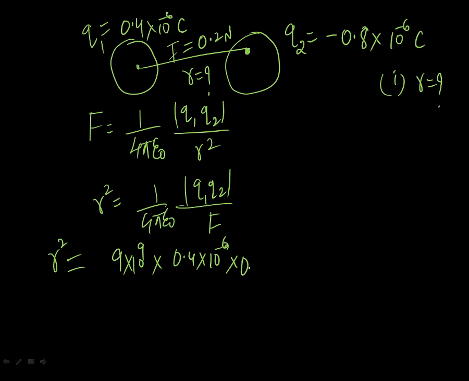So Q2 is also plus 0.8 into 10 power minus 6 divided by the force between them, which is 0.2. So you can erase the point, then 2 ones are 2, 2 2s are 4, then 9 2s are 18, then you can multiply that 18 into 0.8.